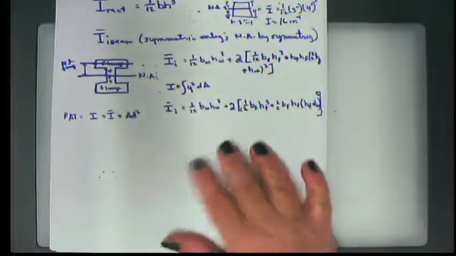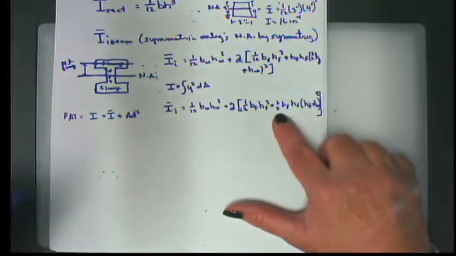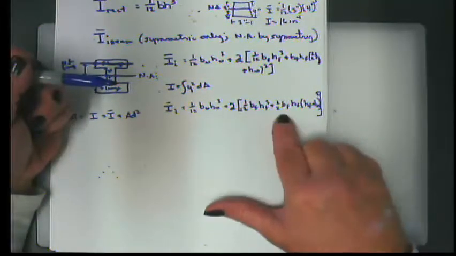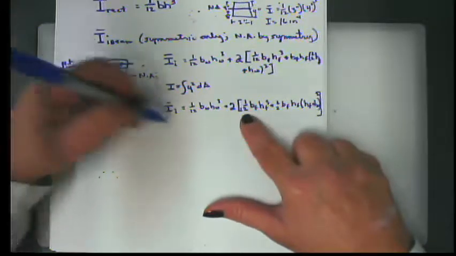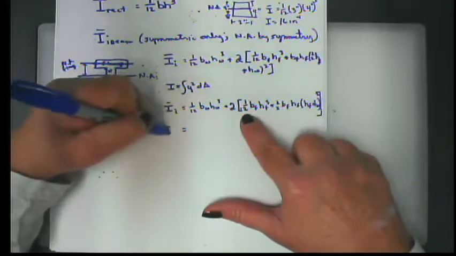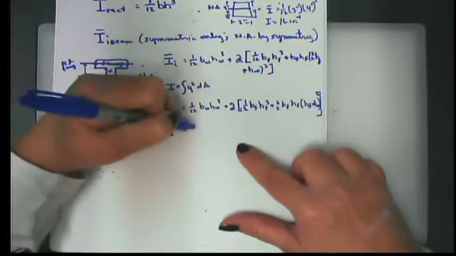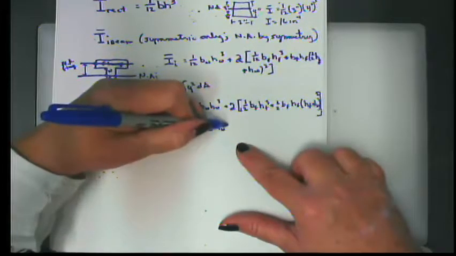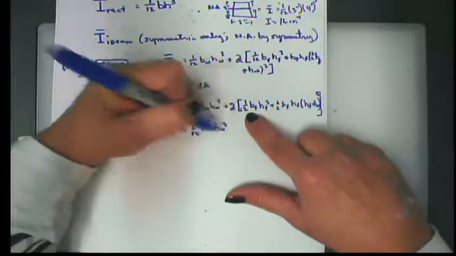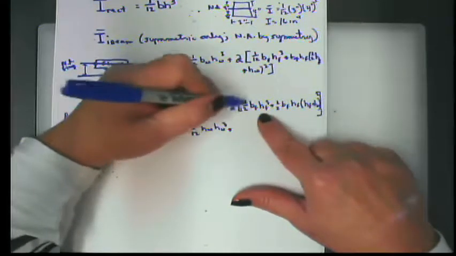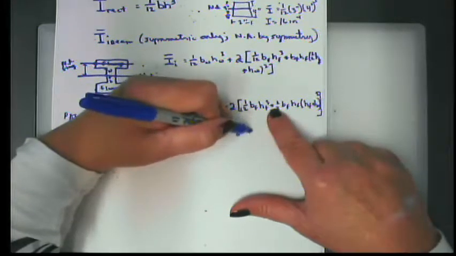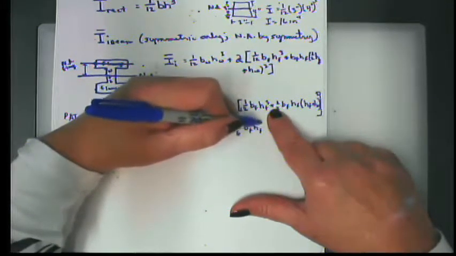Okay. Now there's probably a simpler way to write that, but I think all I'm going to do here is just multiply through by my 2. So I could say in final form that this is 1/12 times the base of the web, height of the web to the 3rd, plus, this quantity becomes 1/6, base of the flange, height of the flange to the 3rd.